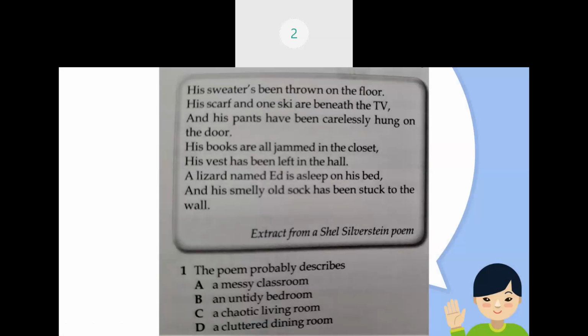How about this? This is a poem. What is your answer? B. How do you know?